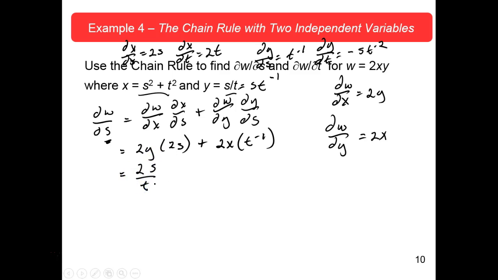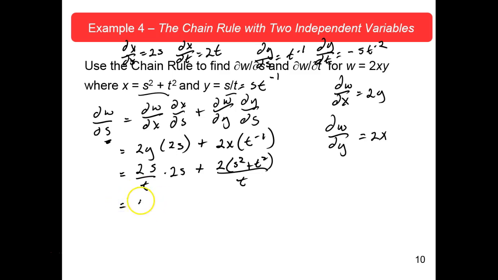I'm going to put it back this way. Times 2s, okay, plus two times s squared plus t squared times, I'm just going to put it over t, okay. So there's your partial of w with respect to s.